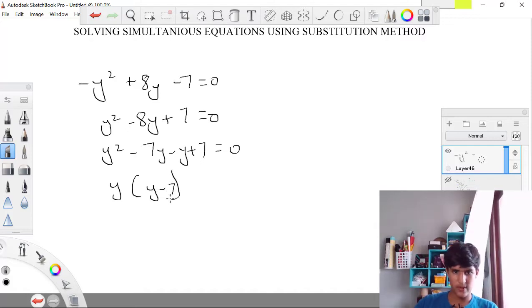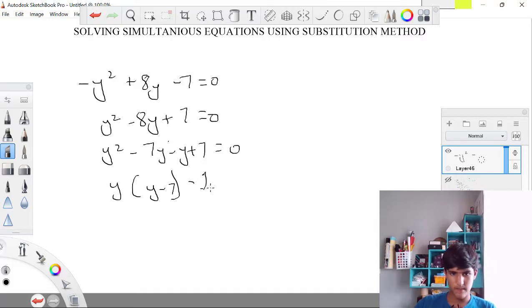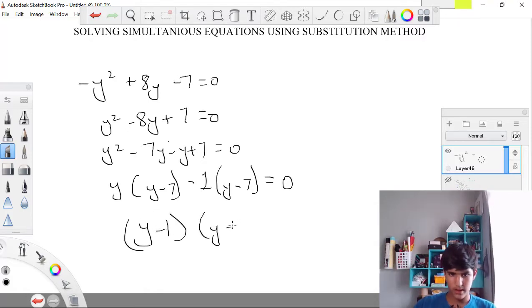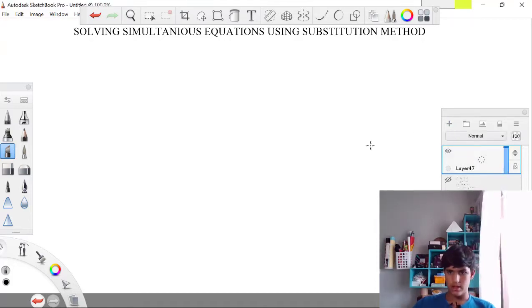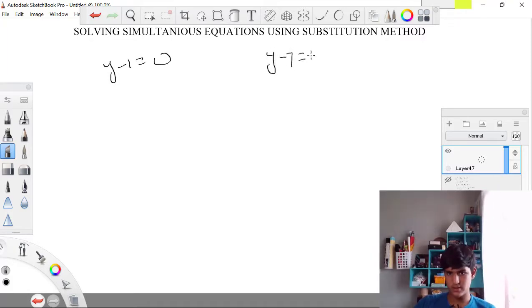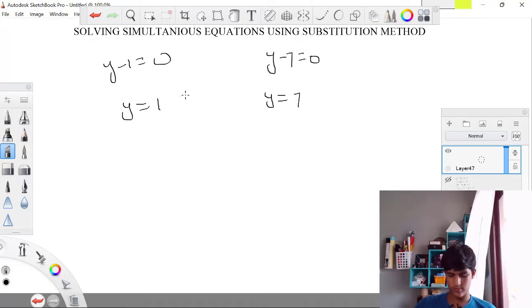If we take y common, y(y minus 7) minus 1(y minus 7) is equal to 0. (y minus 1)(y minus 7) is equal to 0. I will split them into 2, which will be y minus 1 is equal to 0 and y minus 7 is equal to 0. y is equal to 1, y is equal to 7.